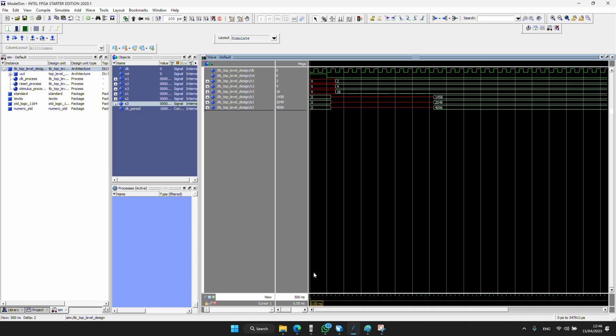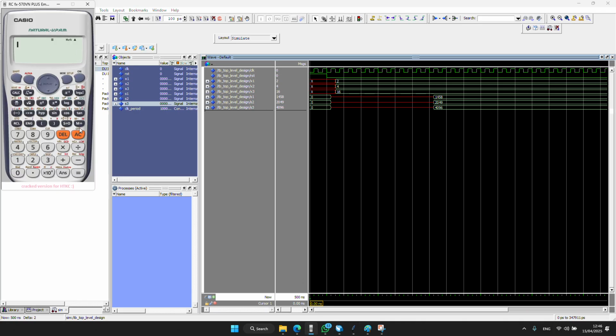First thing you can do is, you know that the answer for the square root of, for example, 4 is 2. Write 2 and multiply that by the scaling factor of the fraction bits. They can be 8 bits, 9 bits, 4 bits, 3 bits, but let's try with 8.